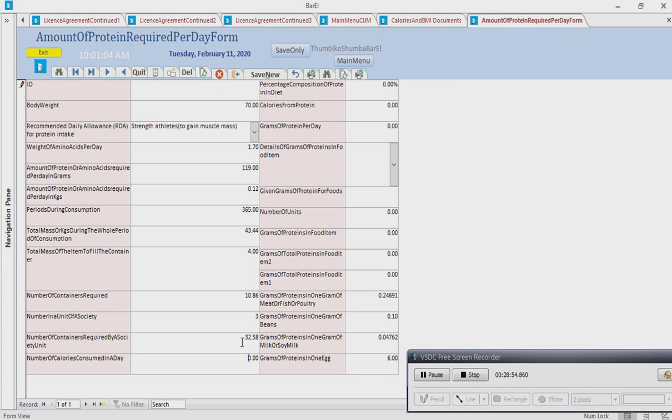Therefore, number of containers required by that family is 32.5 kgs.